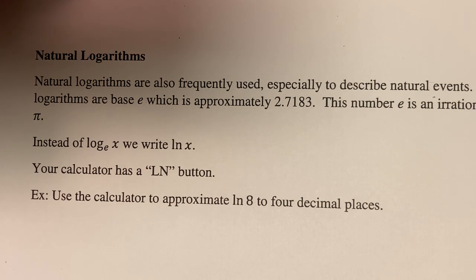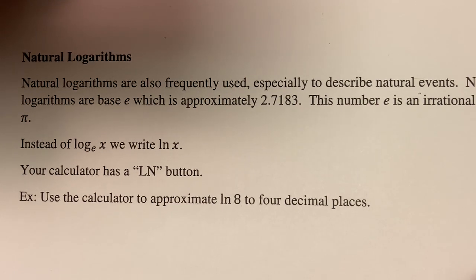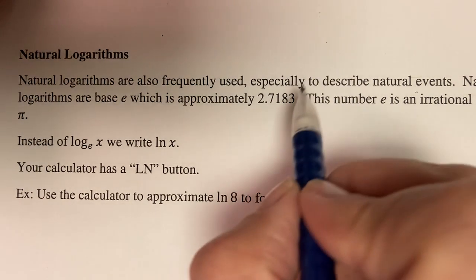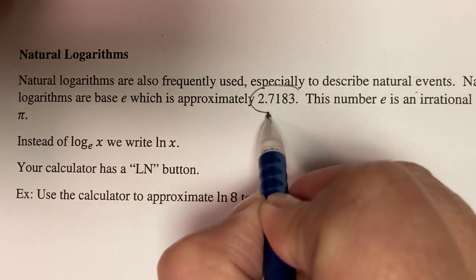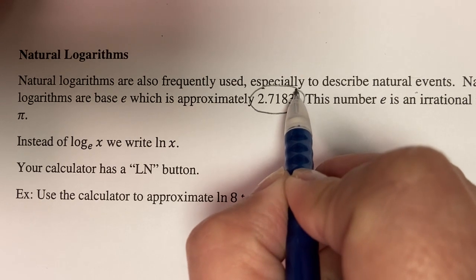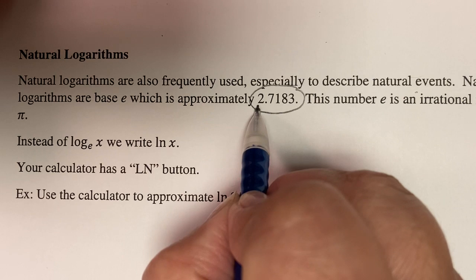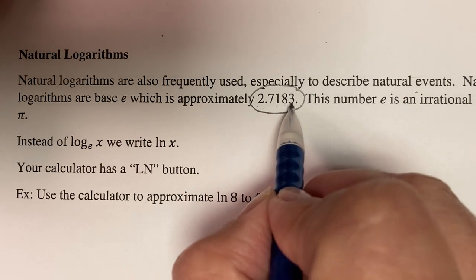And you know, pi is arrived at by using circles and finding the diameter and the circumference and dividing. So it's a very popular number. E is another popular number. It's an irrational number. It's approximately, now this has been rounded because it actually goes on and on forever, but it's approximately 2.7183.